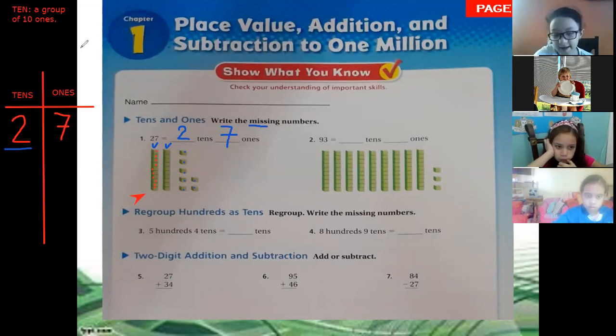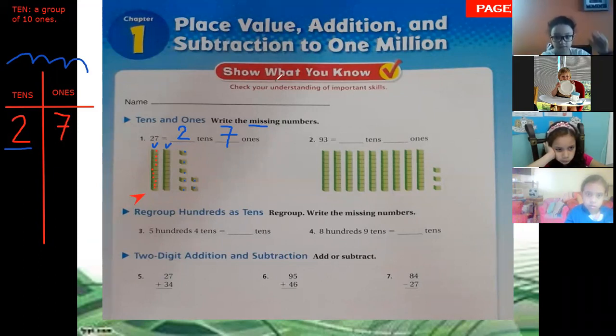So again, if we look at this table, we separate the numbers and write each digit in the correct place according to its value. 27: 7 goes in the ones and 2 goes in the tens. Okay? Now here, 93. How many tens are in 93? Melanie?